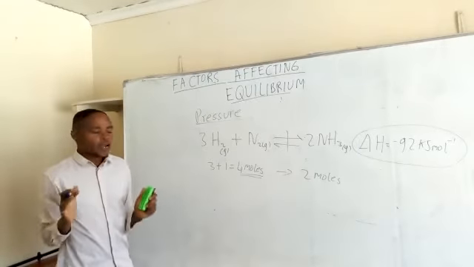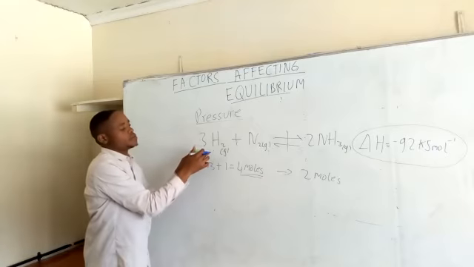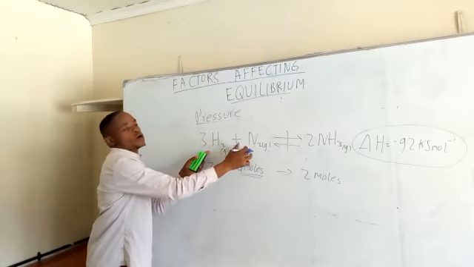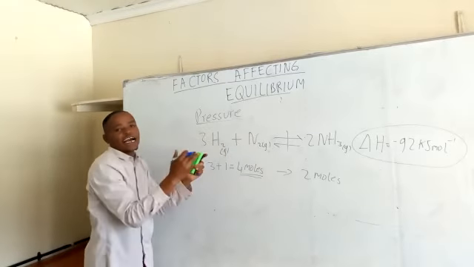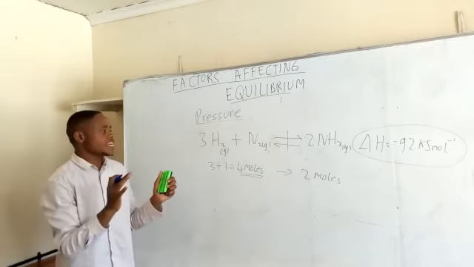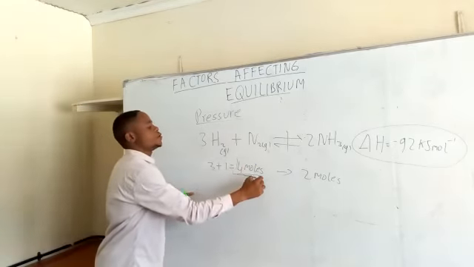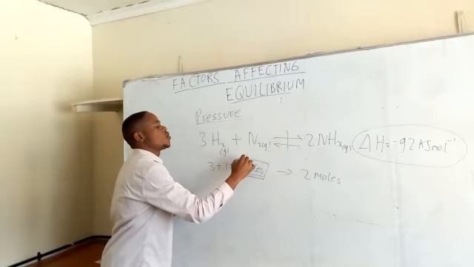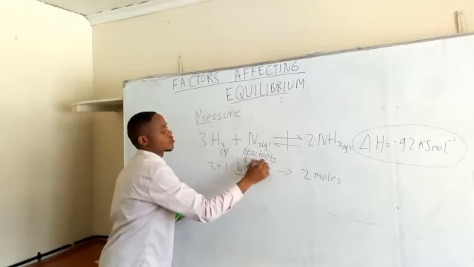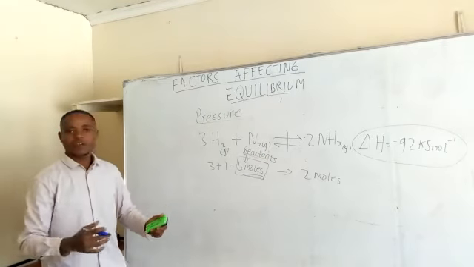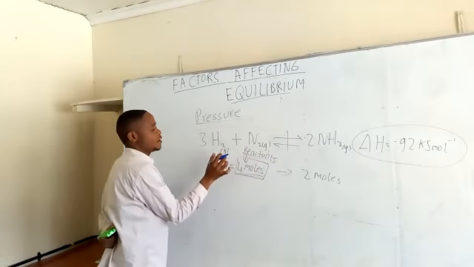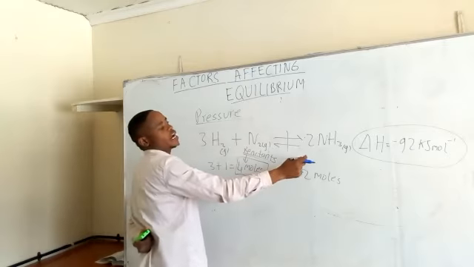So when I increase pressure in this system, because the reactants are more, we can use the word bulky, their volume is larger than that of the product, increasing pressure will increase the concentration of the reactants more, and so it's going to favor the forward reaction, because here we have 4 moles but here we have 2 moles.